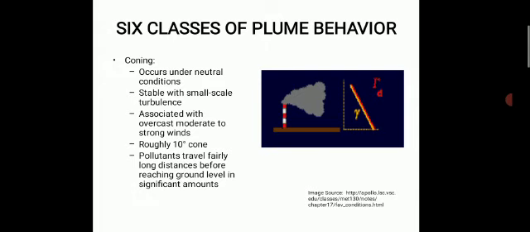The figure shows the stack with the coning plume. The graph represents the adiabatic lapse rate and the environmental lapse rate, that is, the relation between temperature and elevation. The x-axis represents temperature and the y-axis represents elevation.